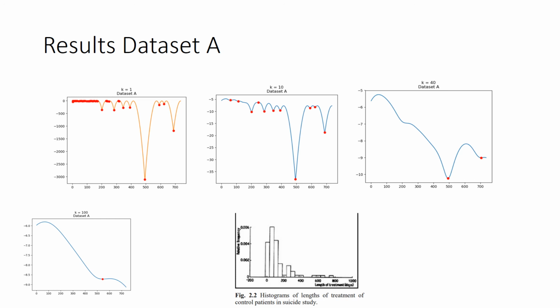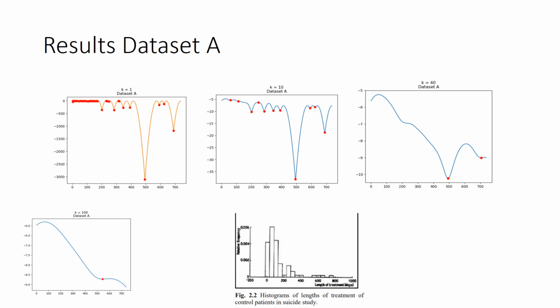And I think it's possible to find a k between 10 and 40 that would represent it fine. So I won't invalidate the algorithm. I just think that you have to be really careful of the k value that you pick.